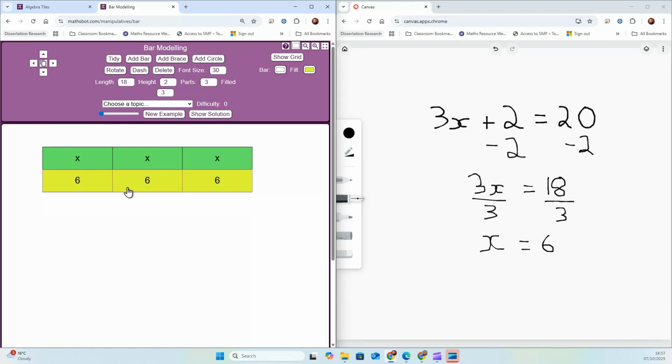But both of them work in quite a number of cases to help learners see why an equation like 3x plus 2 equals 20 can be manipulated in the way it can be in order to arrive at the solution. So hopefully that made it clearer how you might use manipulatives or representations to support the solving of simple linear equations. And in later videos, we'll move on and look at some more complicated equations as well.